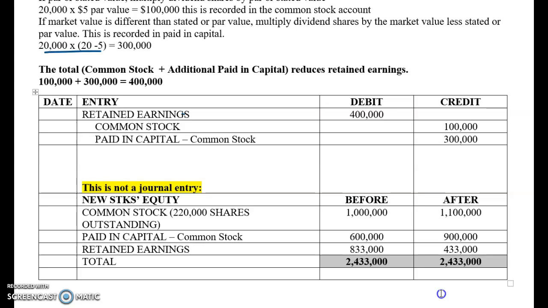So the small stock dividend essentially came from retained earnings. No cash is involved. We just basically pulled out the $400,000 from retained earnings, put $100,000 of it in common stock, $300,000 of it in additional paid in capital. And that's how this one works.